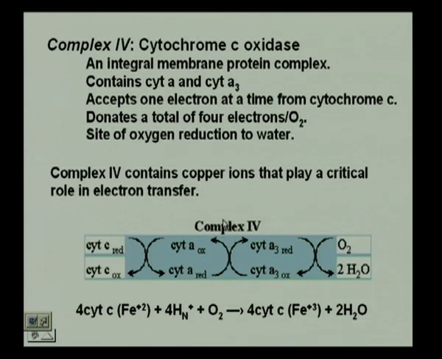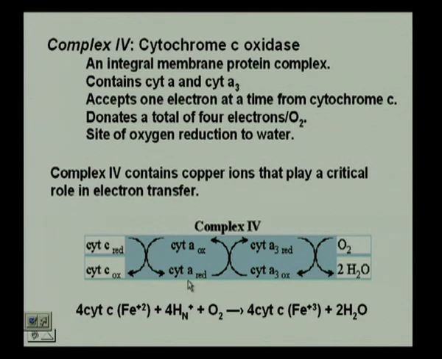Then we have complex 4, that is again cytochrome C, and in this case a total of 4 electrons go to oxygen, and this is the site of oxygen reduction to water. And here we have a 1 electron system also, in the form of cytochromes.